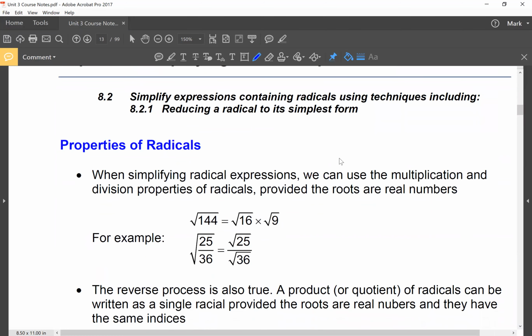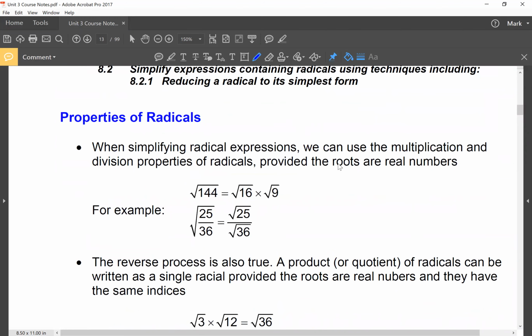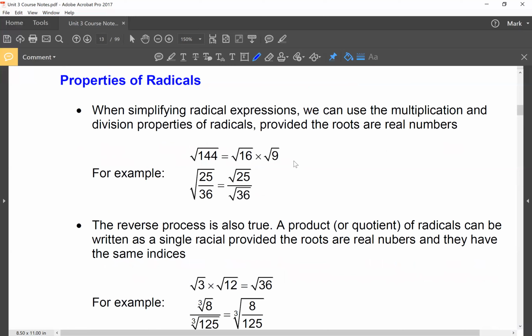First of all, it mentions at the beginning the properties of radicals. When simplifying radical expressions, we can use multiplication and division properties to help simplify these. Your calculator can do this.